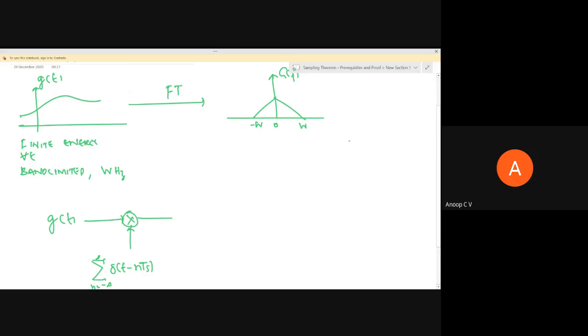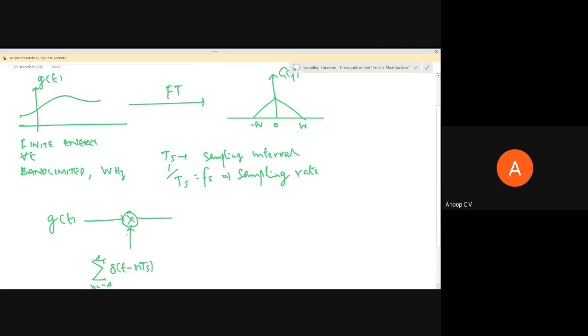will be the sampling frequency or sampling rate. Sampling rate simply means there will be Fs number of samples in a second. That's it.